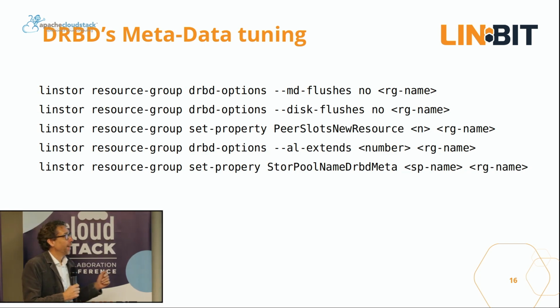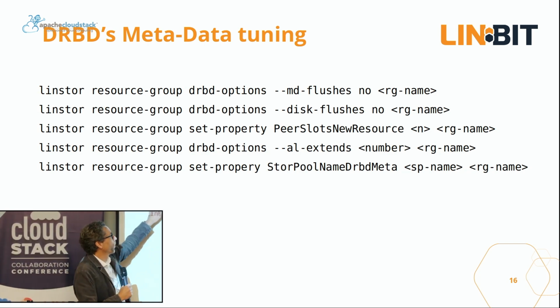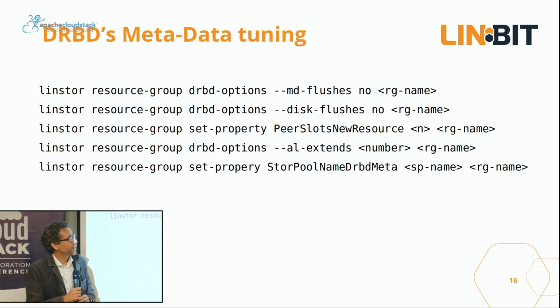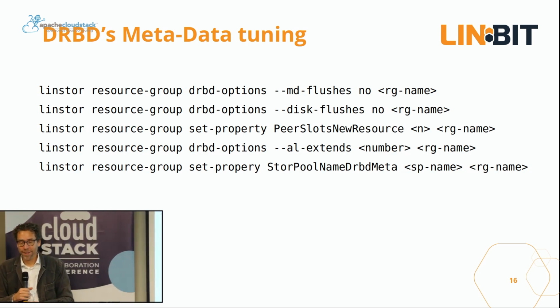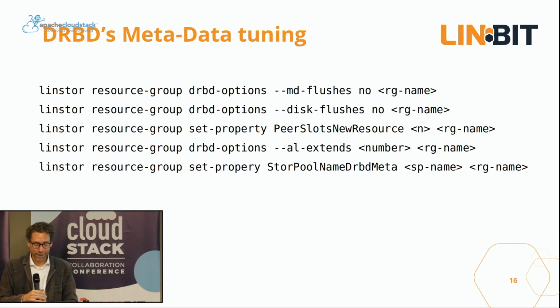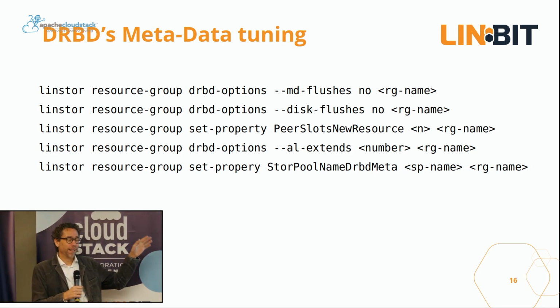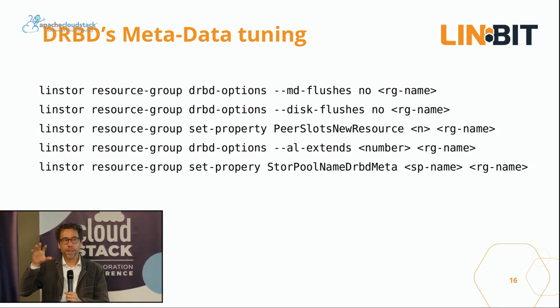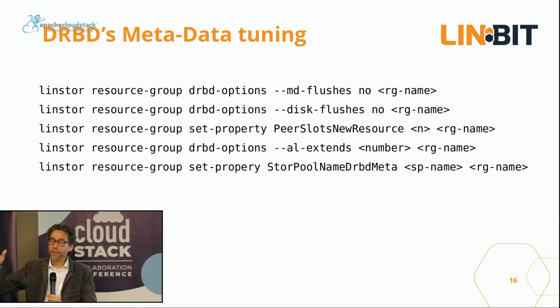OK. The other things: peer slots, new resources. That's an ugly named property, but on the earlier slide, I showed that we have a bitmap per peer slot, and all this bitmap is allocated up front. So at the moment we create the resource, and LINSTOR has a default of 7, which is quite high, quite heavy.